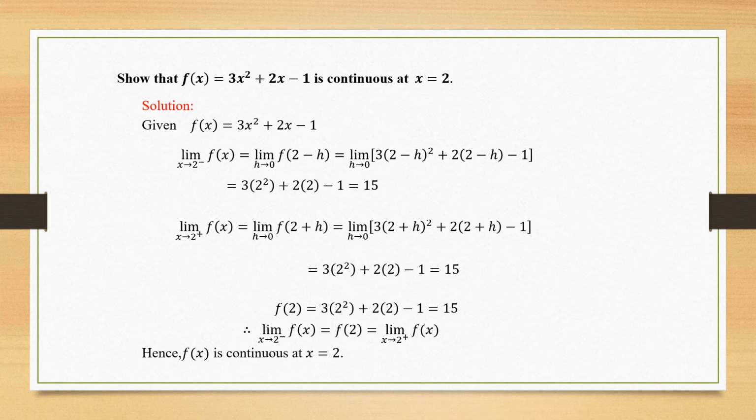Wherever x comes, I replace it by 2 minus h. 3 times of 2 minus h the whole square plus 2 times of 2 minus h minus 1. So now 2 minus h the whole square, and 2 into 2, 4 minus h. When I simplify this, I'll be getting the answer as 15. So my left limit answer for 2 is 15.